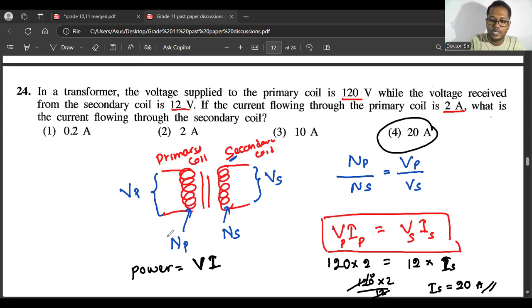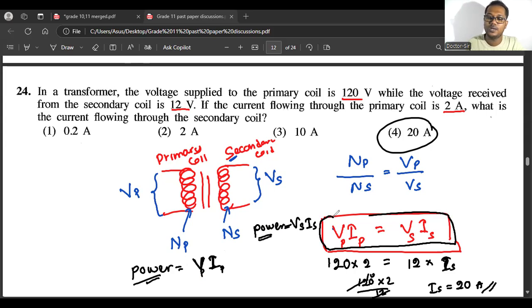So here VP IP, and here the power we can take as VS and IS. This power should be equal to this power. That way we build up this formula, right? So I think you got the idea, right?